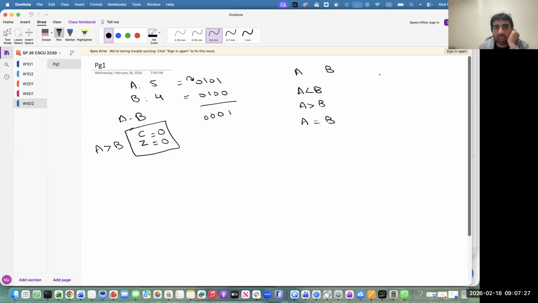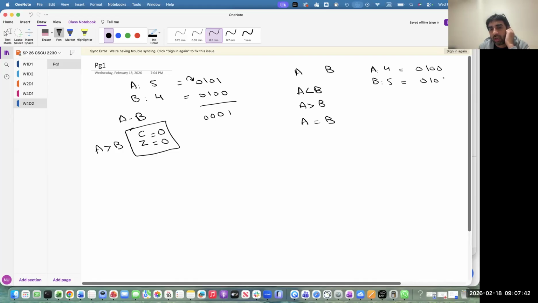Now let me use a number value where A is less than B. So let's say A is equal to 4 and B is equal to 5, right? Again, I am simply writing the binary values, and I want to do the subtraction, A minus B. So I cannot subtract 1 from 0.